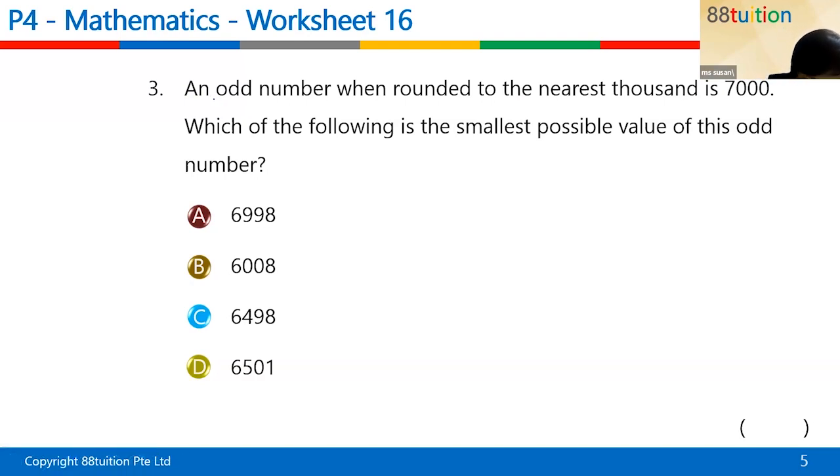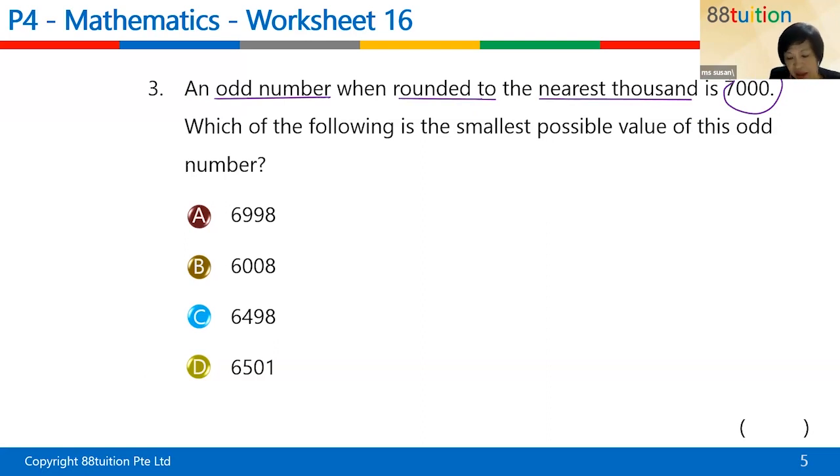The condition. It must be an odd number. And when it is rounded to the nearest thousand, it is 7,000. Which of the following is the smallest possible value of this odd number?